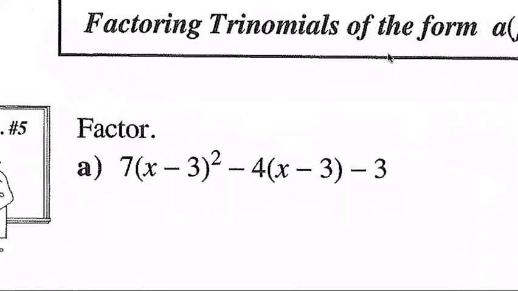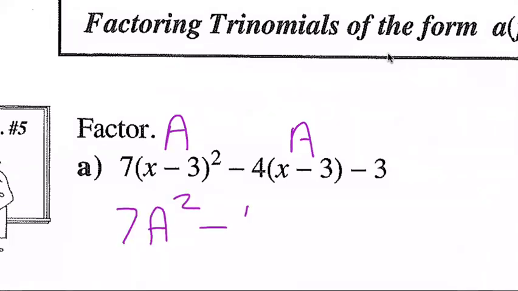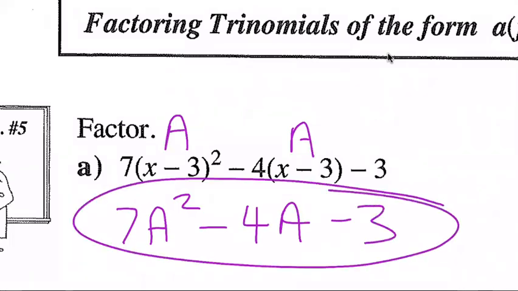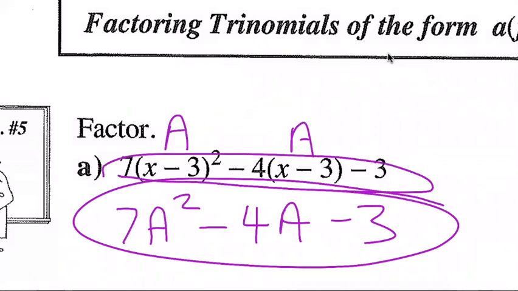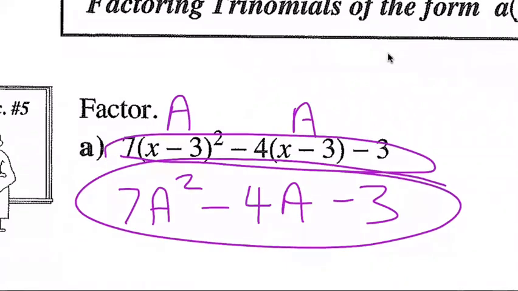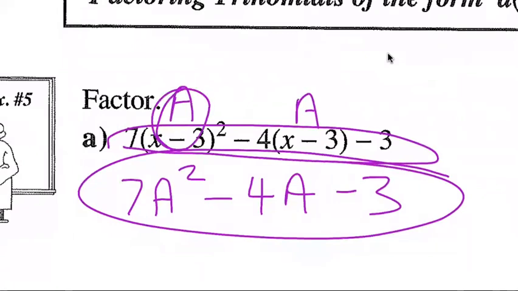Let's make x minus 3 equal to just a capital A. So this would be 7a squared minus 4a minus 3. This is significantly easier to factor than this. But in the end, once we have our factors, we have to remember we started by doing this replacement. So in the end, we have to replace it back in and simplify. So that'll make more sense later.